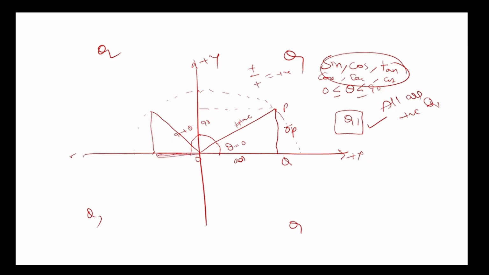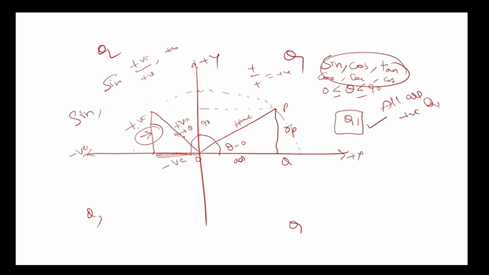The angle is between 90 and 180, but the y-axis is positive while the x-axis is negative, meaning the opposite side is positive and the adjacent side is negative. Only the opposite side and hypotenuse are positive. So sine, which is opposite side by hypotenuse, is positive by positive, which is positive.